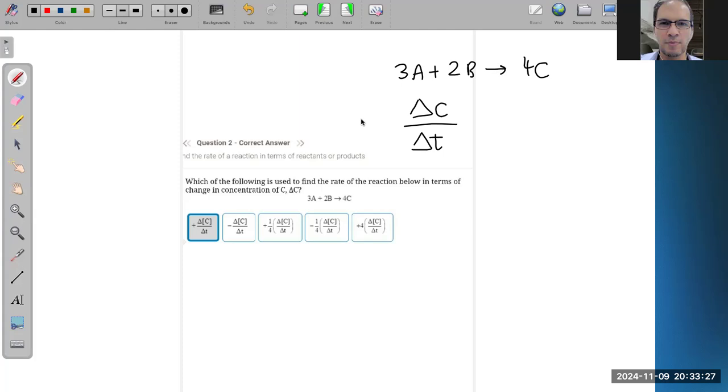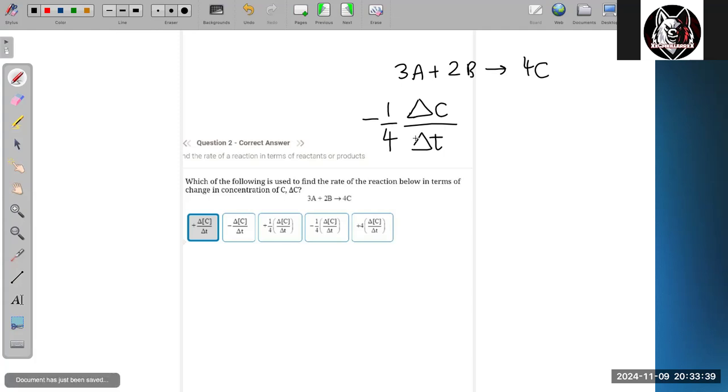In terms of C, it should be -1/4. If he says the concentration of all the reactants and products, you put the coefficient and the signs, but if he says C only, you should put it without the coefficient, even if it is equivalent.